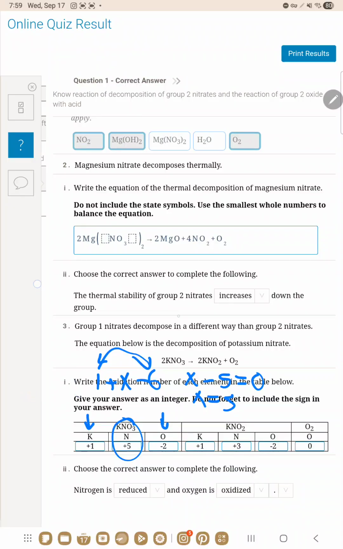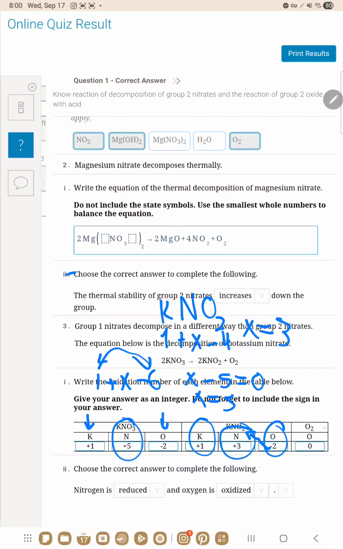Now KNO2. We know K is +1 and O is -2. So this is +1. O -2 times the subscript, which is 2, -4 plus X. So now 1 minus 4 is gonna be -3. X equals 3.